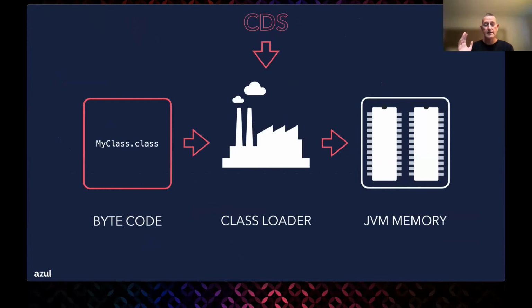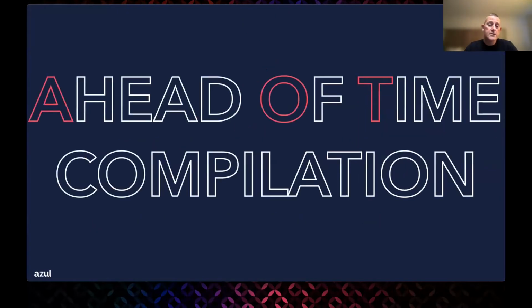Just keep in mind, CDS happens here, during the class loading period, and it's not even in JVM memory at that time, right? This is the way it gets into JVM memory. And after that, we have all this interpretation, C1, C2 phase. So it's not really related to compiling and optimizing, and to reducing the part that I defined as the JVM startup time.